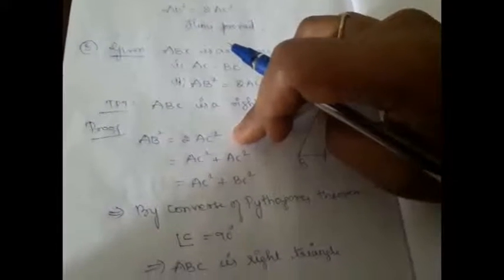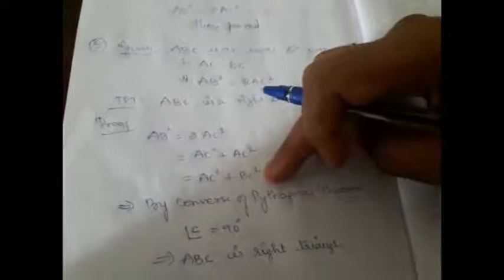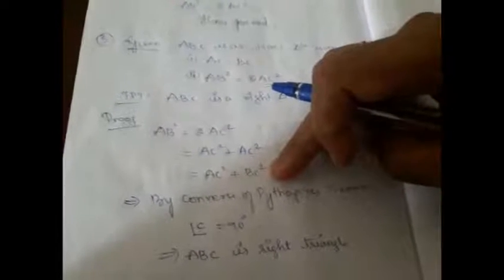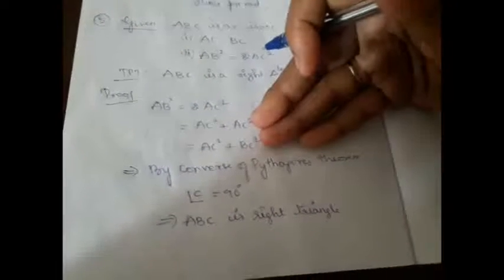Now let us start with the given thing. AB square equals 2AC square. 2AC square means AC square plus AC square. But instead of AC, we can replace it with BC because AC and BC are equal. Yes. Therefore, by converse of Pythagoras theorem, what we know is, if one side square is equal to the sum of the squares of the other two sides, then the angle opposite to that side is a right angle, right?